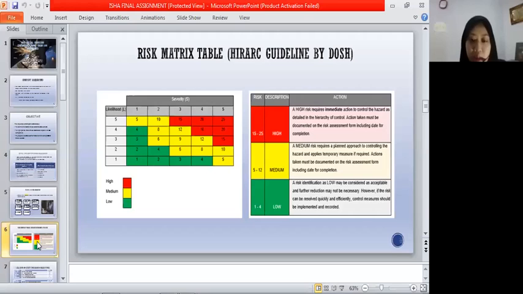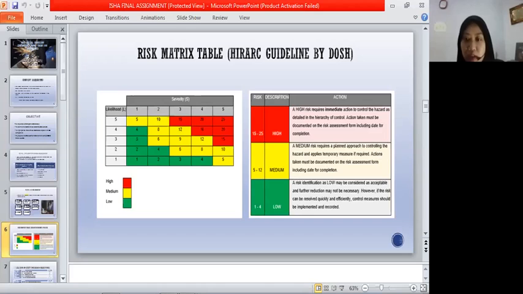In the table, there are three colors: green, yellow, and red. Green is low risk, yellow is medium, and red is high. Low risk starts from number 1 until 4. Medium risk is 5 until 12, and high risk starts from 15 until 25.